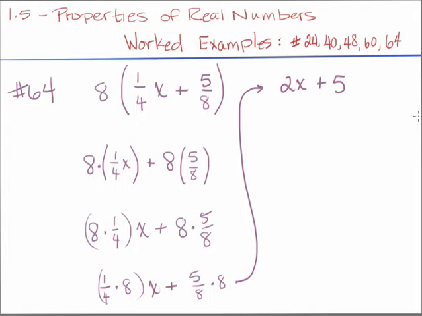Now, of course, you don't have to do it this way. That's just a mental trick I use when I'm multiplying with fractions. Of course, you can write 8 as 8 over 1. And in fact, you could have done that back here.